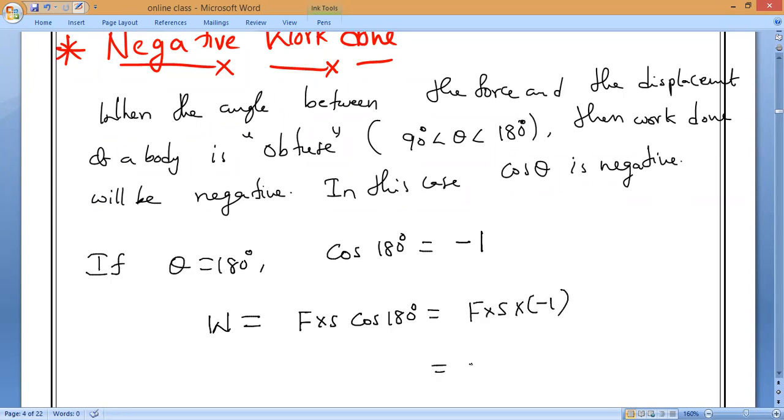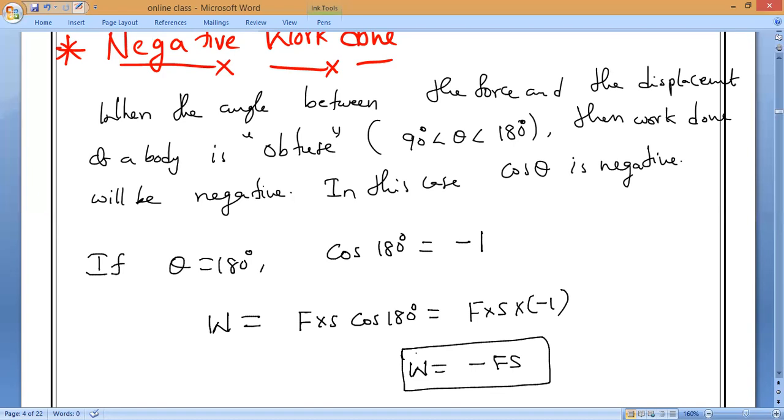So work done is equal to minus Fs. Please write it. Minus Fs. Clear?